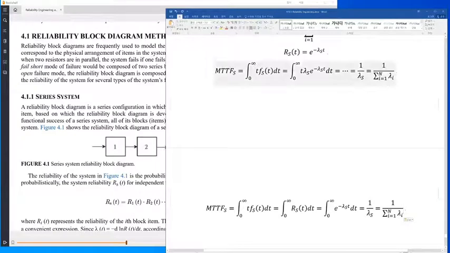So the mean time to failure can be calculated either way. If you are able to, you may integrate it. In this case, you should apply integration by parts, and after applying integration by parts, we derived this equation, and you can directly use this relation.